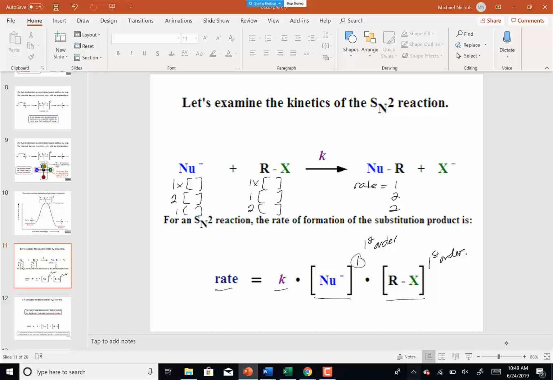But what we find experimentally is that it's first order in nucleophile, first order in alkyl halide. So this reaction overall is second order. In other words, I add the 2 first orders and get a second order.